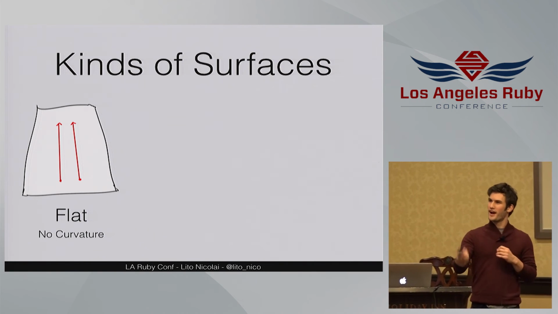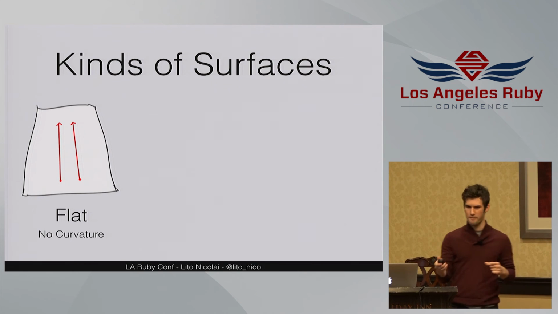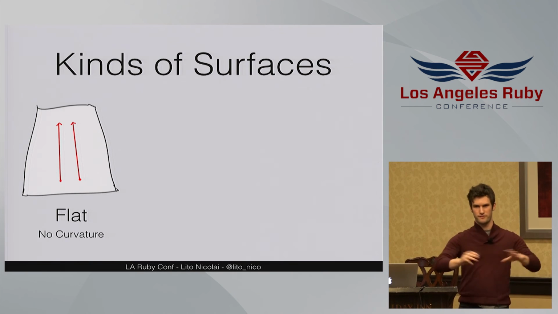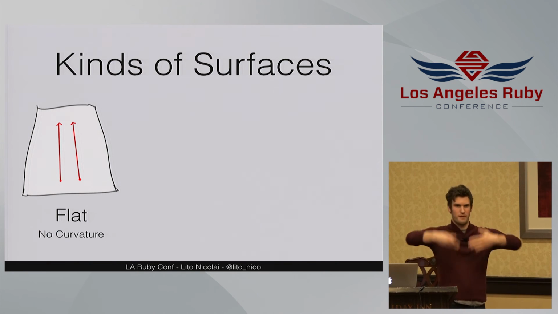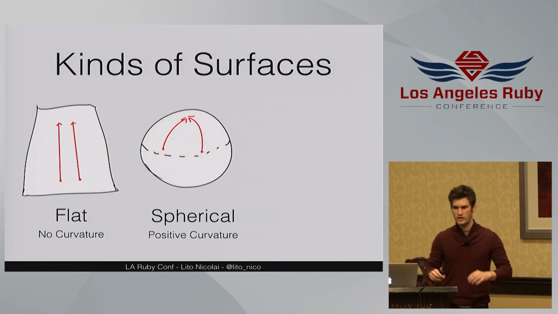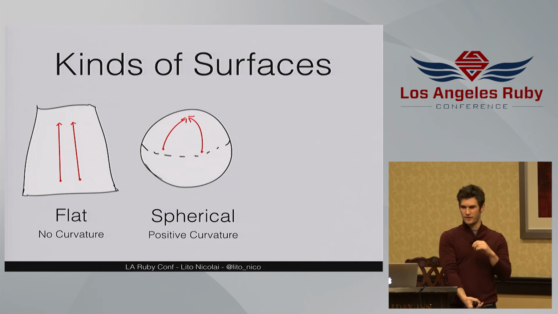So I want to talk a little bit about this as a kind of surface that happens by the way plants grow. When we talk about flat surfaces, they're not curved at all. You can just walk across this floor and not worry about it bending or anything. If you have something like a sphere, we call that positive curvature, because as you walk, you're getting closer to any other point.